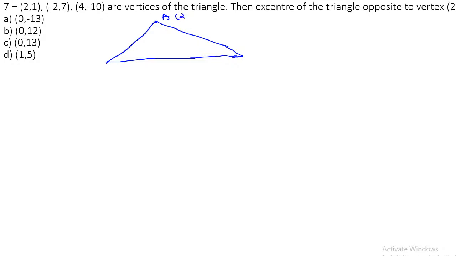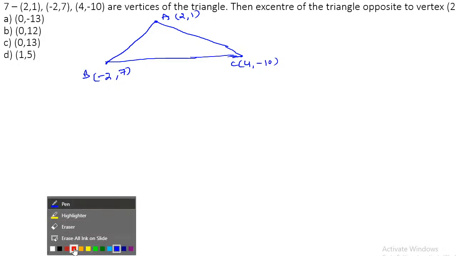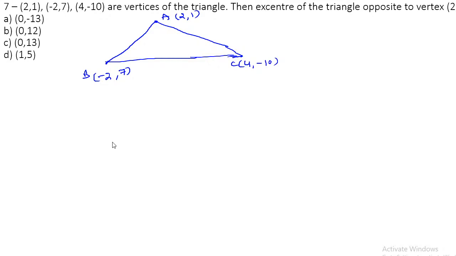This is A, 2 comma 1, minus 2 comma 7, 4 comma minus 10, C and B. So the excentre of the triangle opposite to vertex A. So we need to find the center of this excentre.